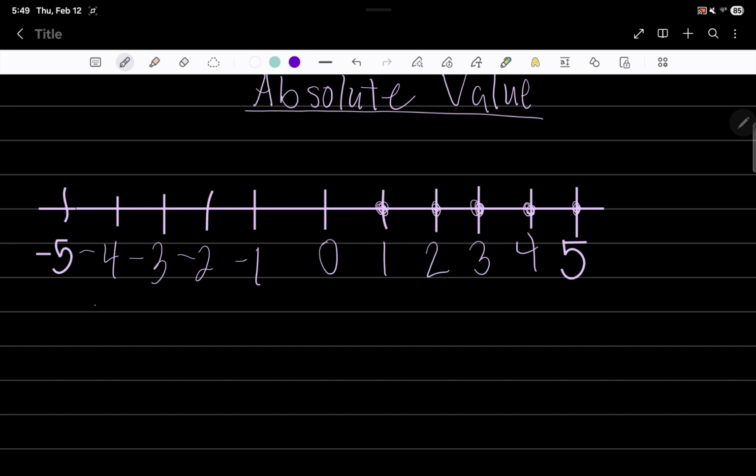Now if we look at the other end, we go 1, 2, 3, 4, 5. So it's still 5 points in either direction of looking at the number line. See how both numbers are the same distance from 0? When we're dealing with absolute value, we ignore direction and focus only on the distance.